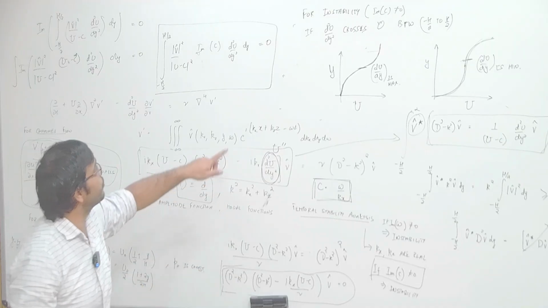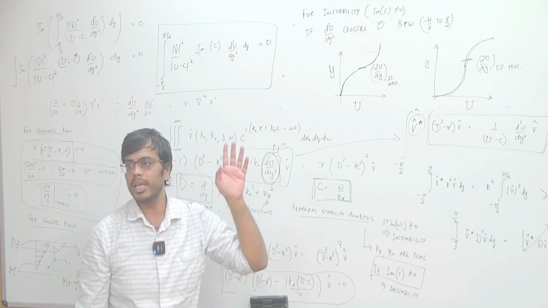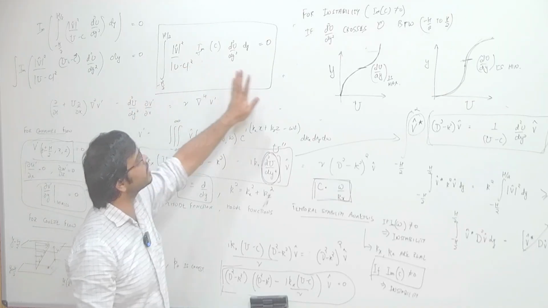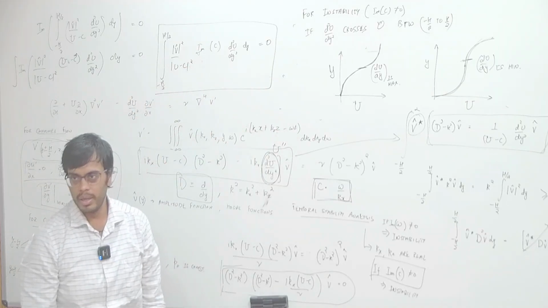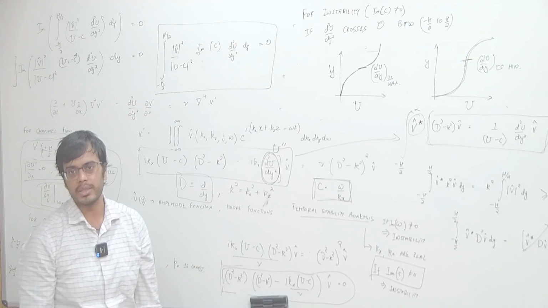But if they don't have an inflection point in between, then definitely it cannot be unstable, because if you don't have an inflection point, then this equation itself is not held. So this is a necessary condition, not a sufficient condition.